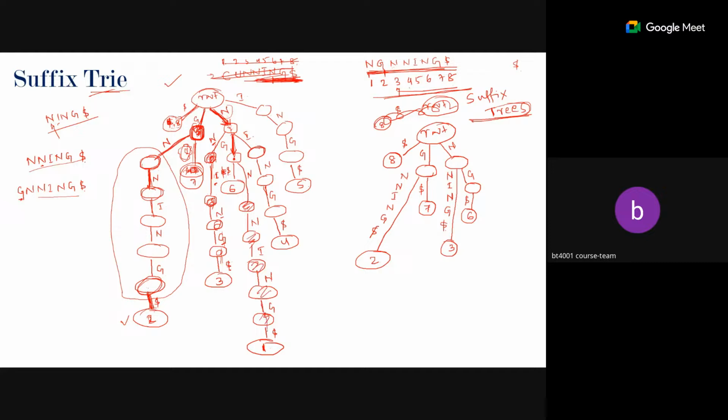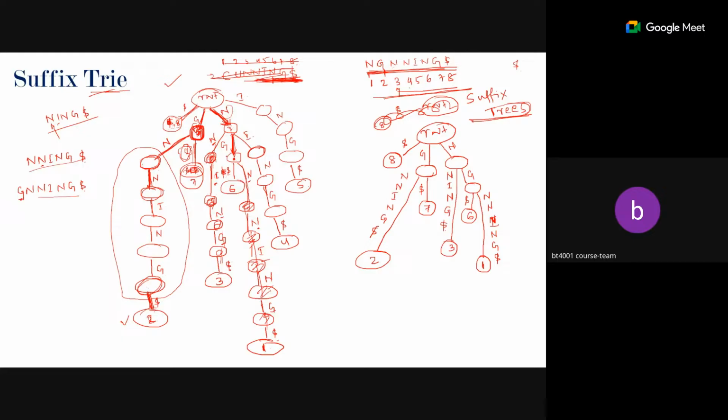So we will have this long edge which has the characters N first, followed by another N, followed by I, sorry, this is I, followed by NG dollar. This is having the value 1 in the leaf.